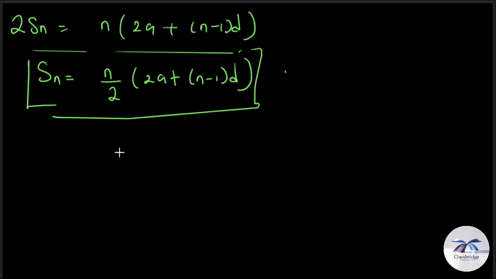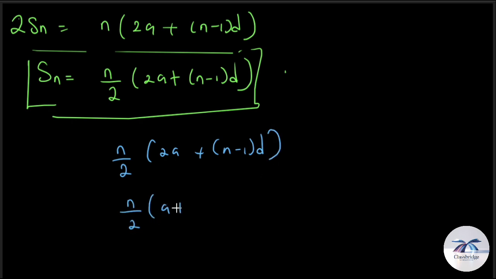Now, another formula can be derived from this formula. When you look at this formula, it's something like this, 2a plus n minus 1d, which can be split into a plus a plus n minus 1d. Now look at this part.